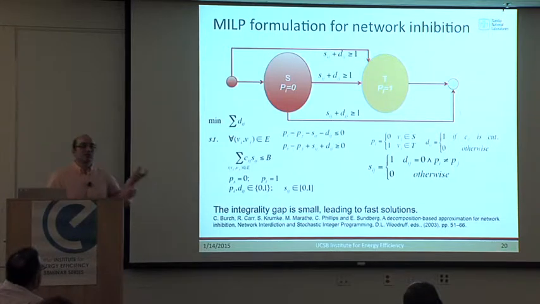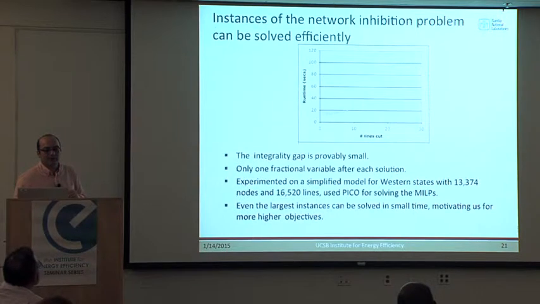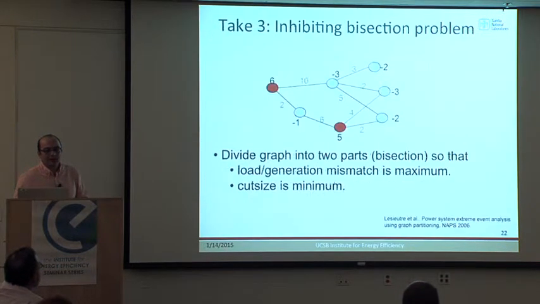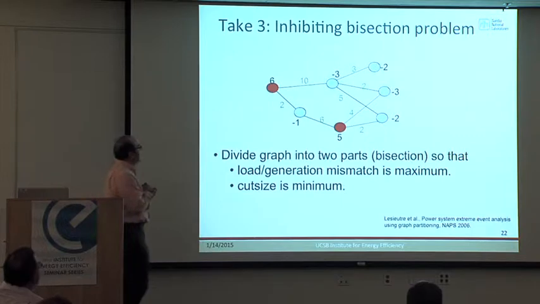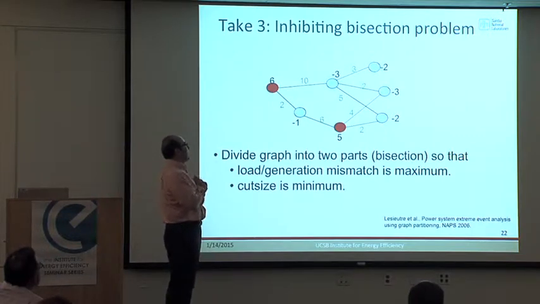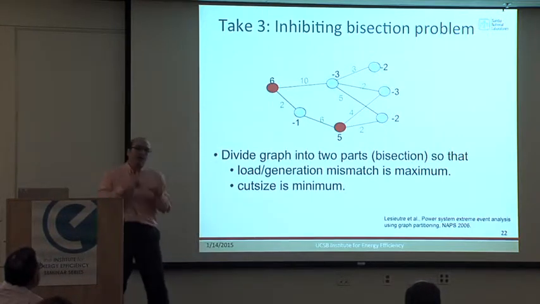So given the number of binary variables, you will be able to solve these things much faster than you would expect, or much faster than many other problems. And we can solve many instances in practice very rapidly.